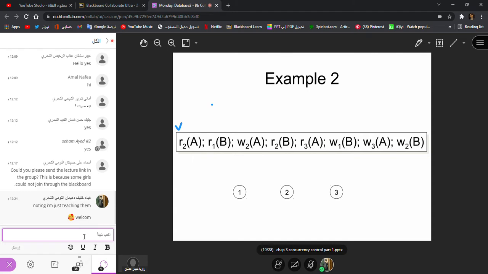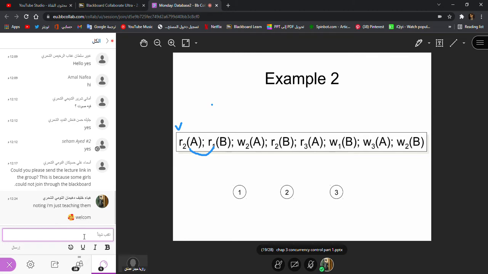R2A, that means transaction 2 is reading on A, the data element, and R1B, transaction 1 is reading on B. So we have seen that reading is never a conflict. There is no conflict because we do not have such a pair that would have the conflict. So we will ignore that.